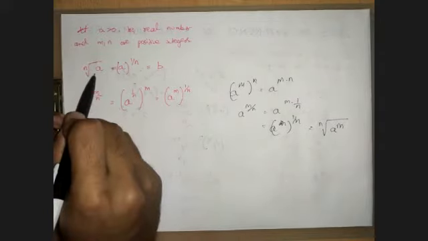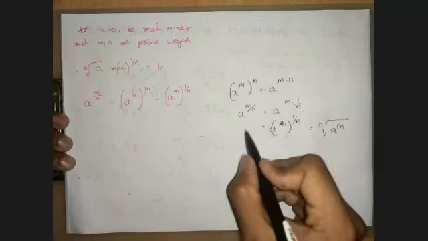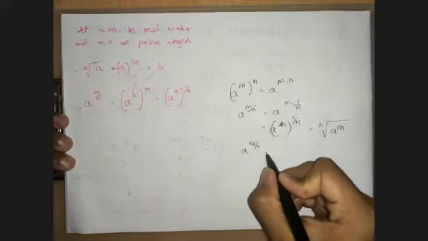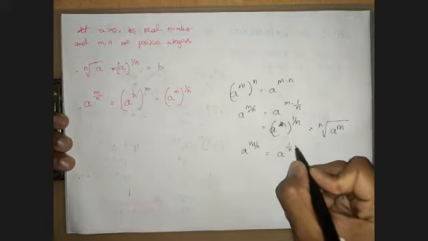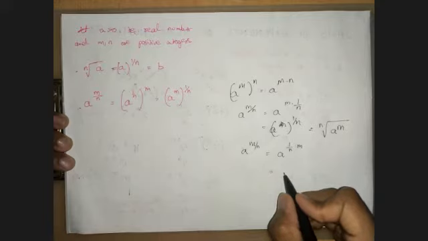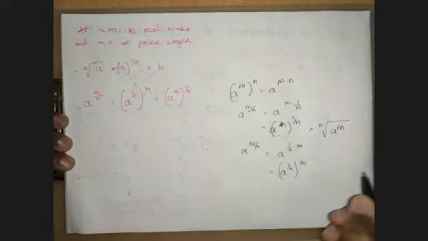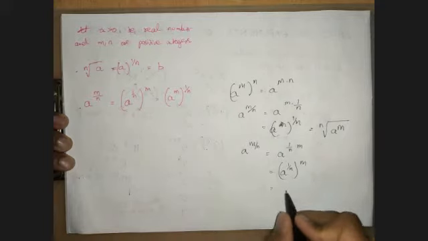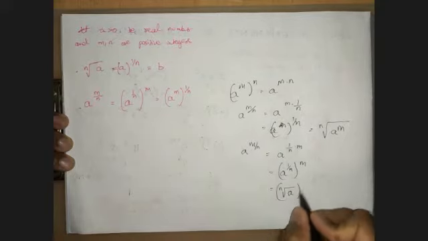By using this, anything whole power 1 by n is the nth root. Or I can also write a power m by n as a power 1 by n into m. So this would be a power 1 by n whole power m. So I can again write this as nth root of a whole power m.